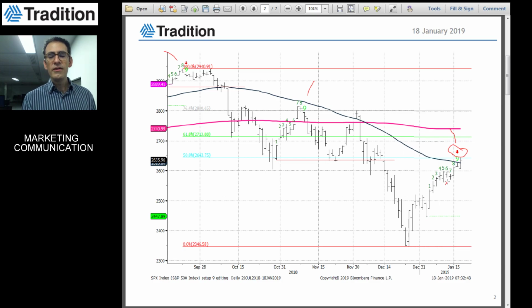Why do we need this condition? It's simply because after a significant rise, we want to sell as close as possible to the high of the sequence. Ideally, we would like the high of bars 8 and 9, which is supposed to be the end of the setup, above previous bars.